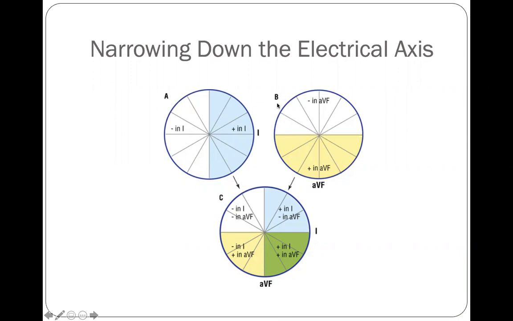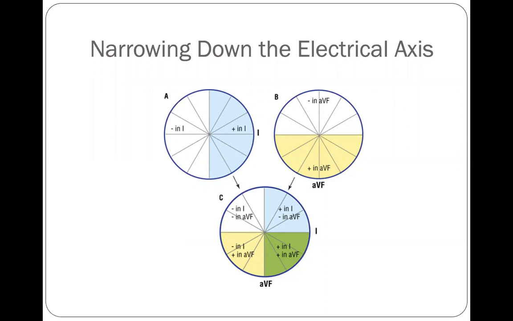When we look at cartoon B, and think of AVF, the yellow portion of this cartoon would make AVF positive, and the white portion of this cartoon would make AVF negative. If we superimpose those 2 circles on top of each other, then lead 1 is still positive on this blue half, and AVF is still positive on the yellow half. And so now we have the best way to look at which quadrant our electrical activity is.